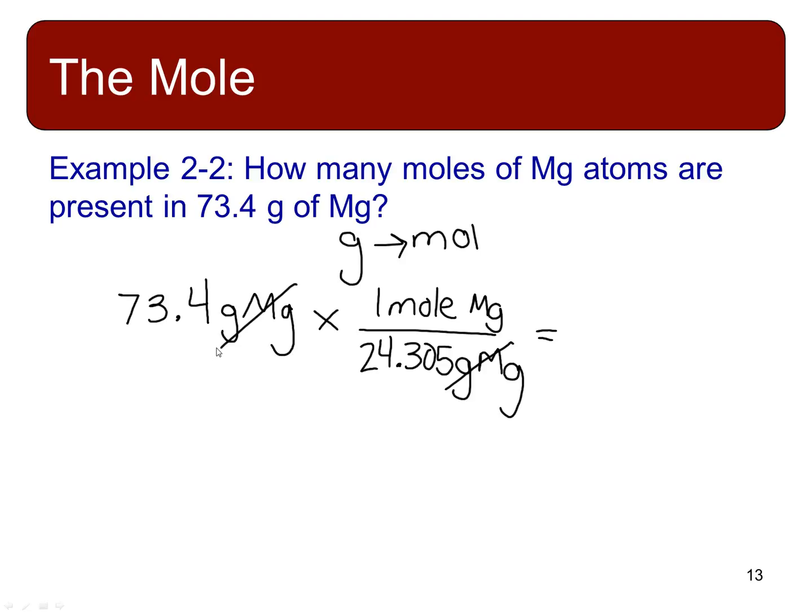So I'll check on this one on my calculator first. Okay, so I got 3 point. So we've got 3 significant digits, so 3.02 moles of magnesium.